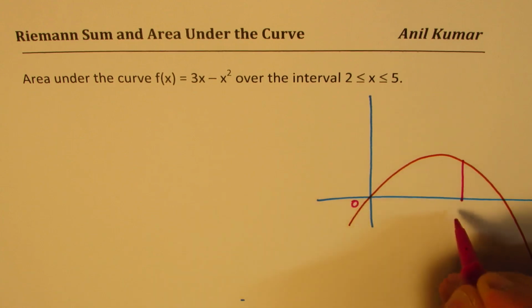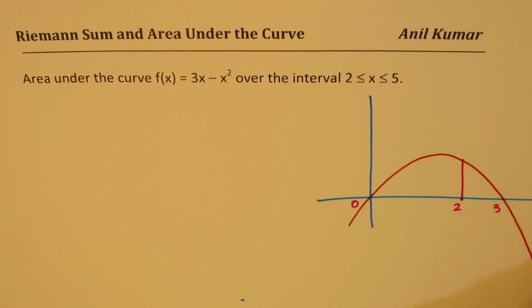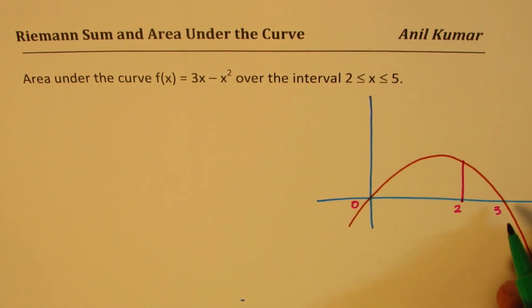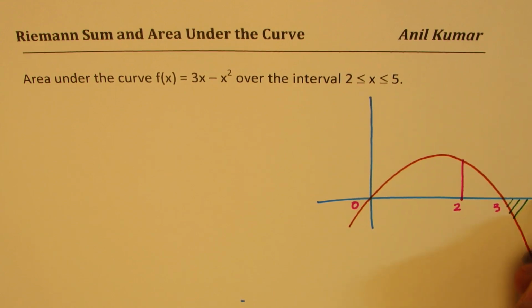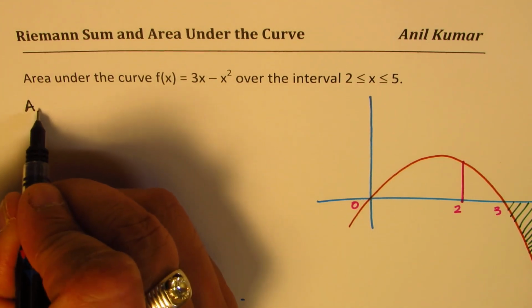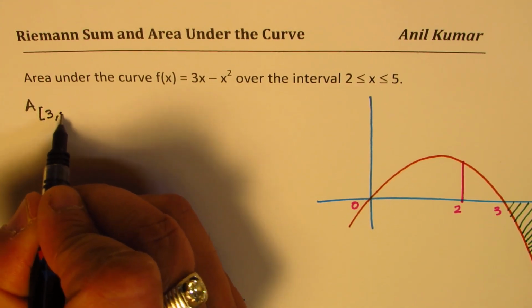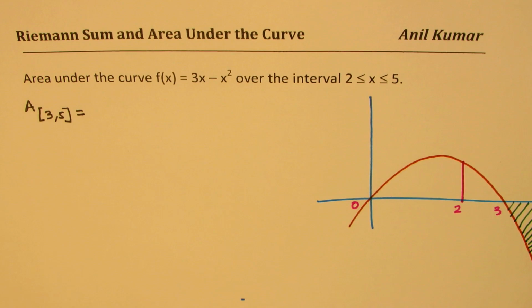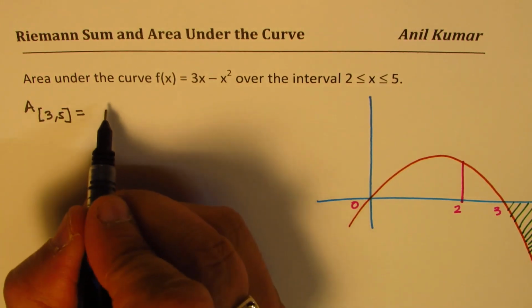This is 0 for us, that is 2, this is 3, and somewhere here we have 5. Correct. We found that this particular area, we'll call this area A5. So the area between 3 to 5 was 26 over 3.